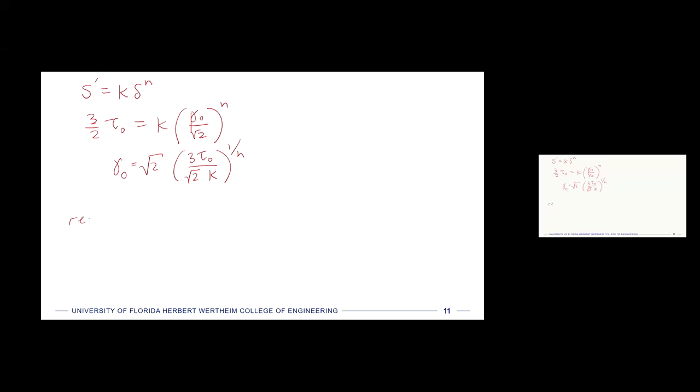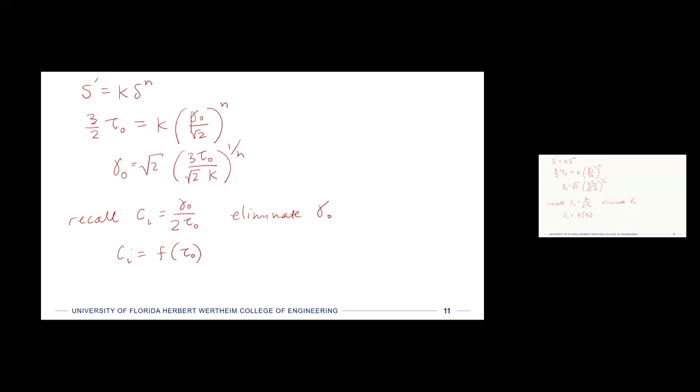Recall from just above, we had an expression for what is C sub I in terms of these. So I had gamma naught divided by 2 times tau naught. So now you can see how these are related, right? They both have gamma naught and tau naught in them. So we're going to eliminate gamma naught because we don't care about that as much as tau naught, to come up with what is C sub I as a function of tau naught.